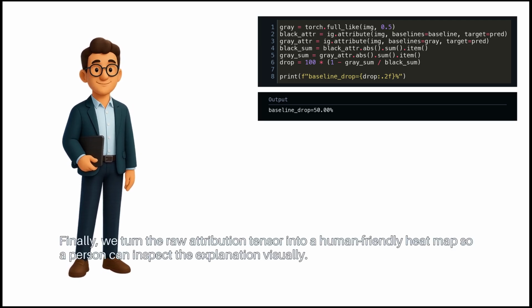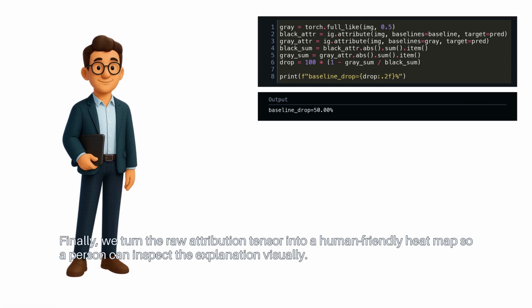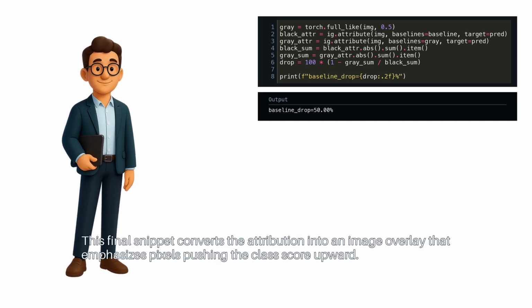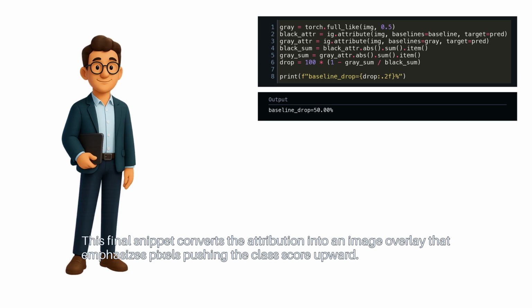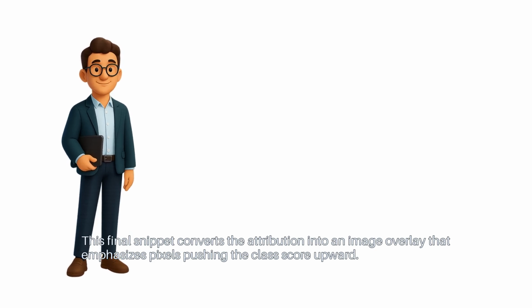Finally, we turn the raw attribution tensor into a human-friendly heat map so a person can inspect the explanation visually. This final snippet converts the attribution into an image overlay that emphasizes pixels pushing the class score upward.